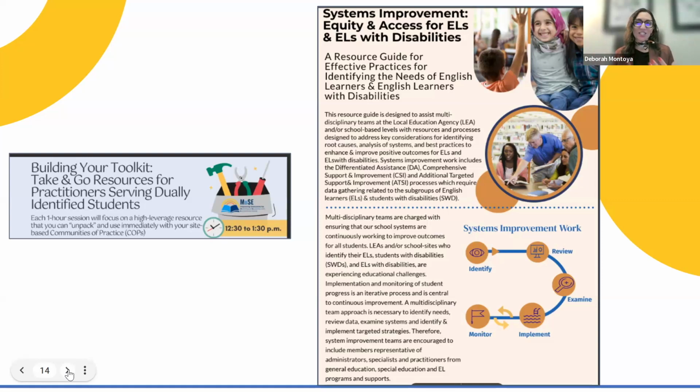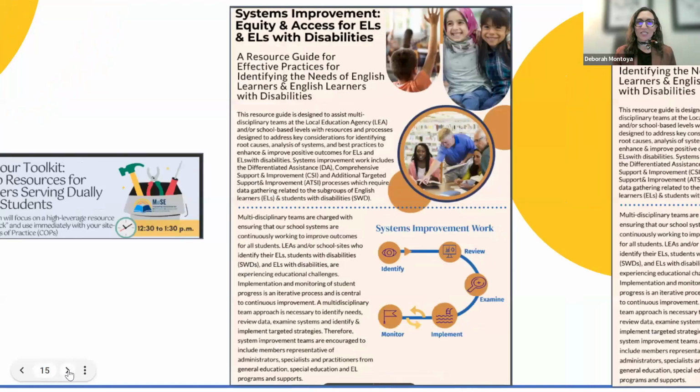And I continue to share this because this is work for multidisciplinary teams. As multidisciplinary teams, we are charged with ensuring that our systems are working in collaboration, continuously working to improve outcomes for our students. So let's delve into this particular resource.